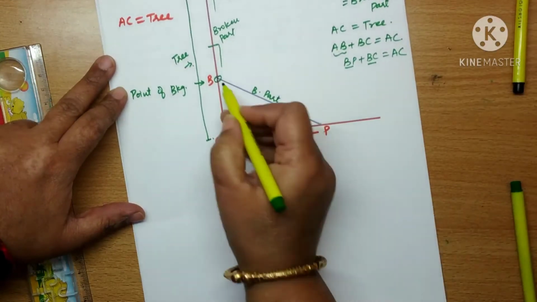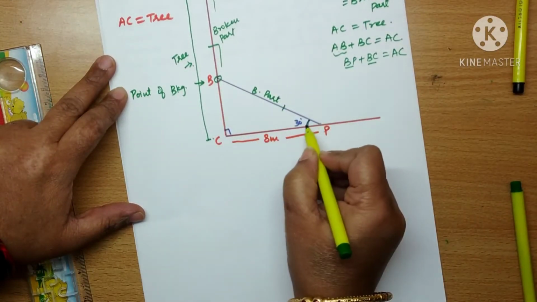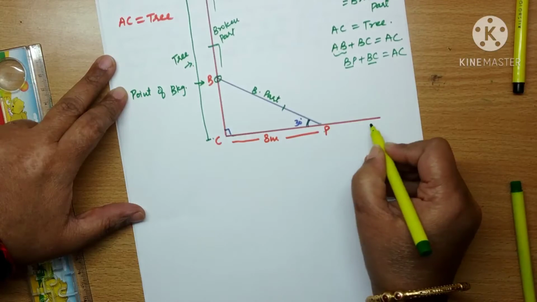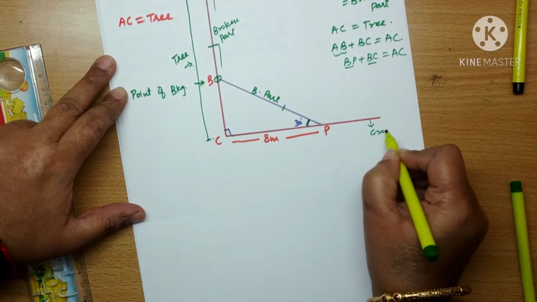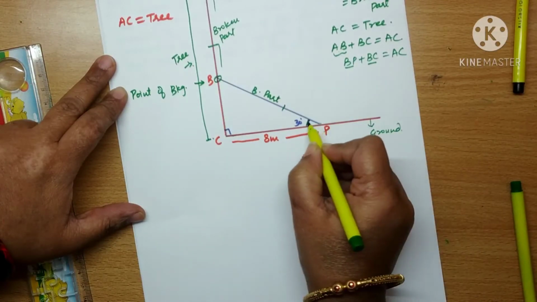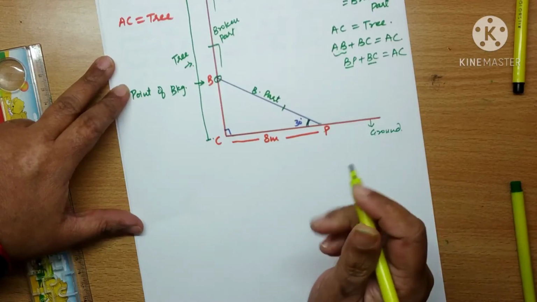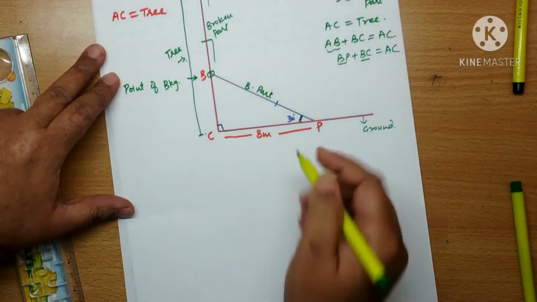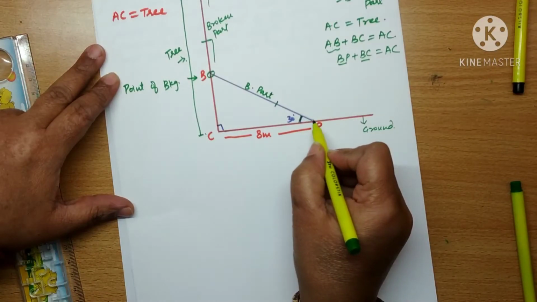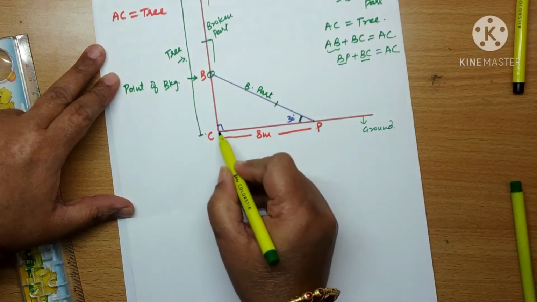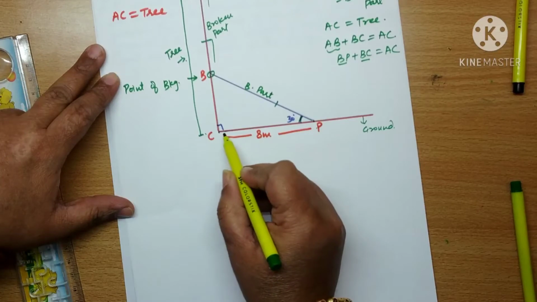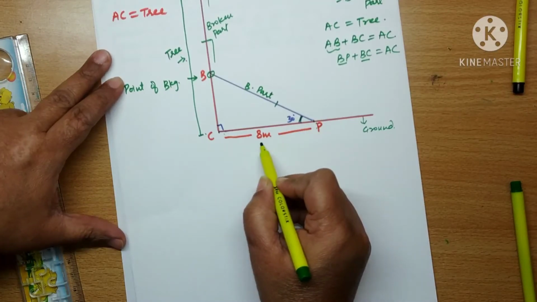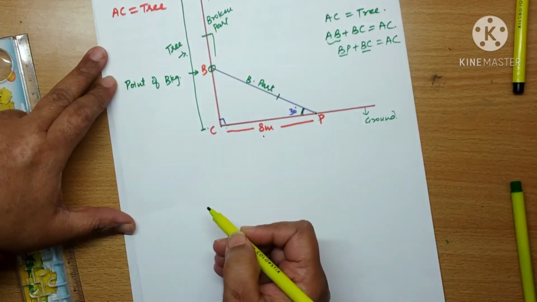Now he says this broken part is making an angle of 30 degree with the ground. So this is our ground. It's making 30 degree with the ground. The distance between the foot of the tree to the point where the top touches. The top touches here at this point and the foot of the tree is here. So the distance between this is 8 meter. We need to find the height of the tree.